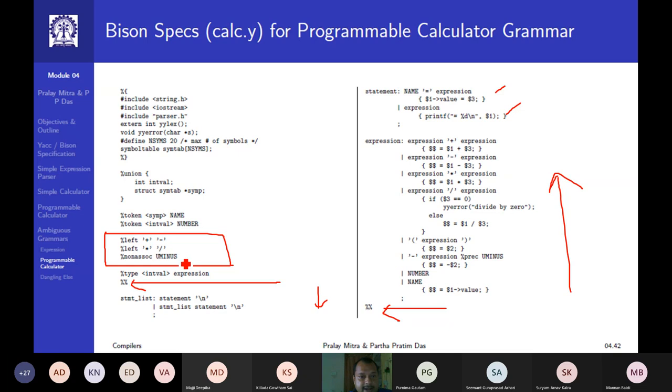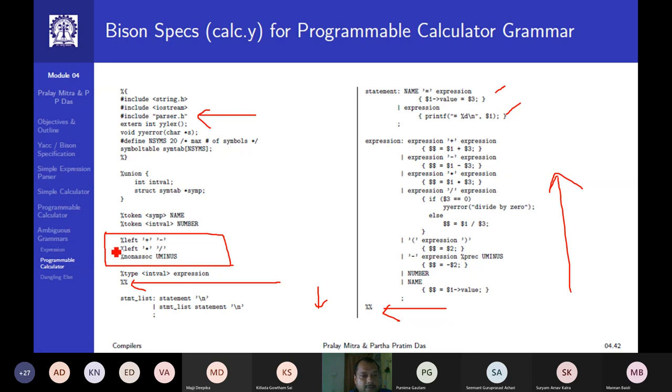Yes, it is. And I am defining this in parts.h, which I will show you later. So these 5 operators: addition, subtraction, multiplication, division are all binary, and one is unary minus.